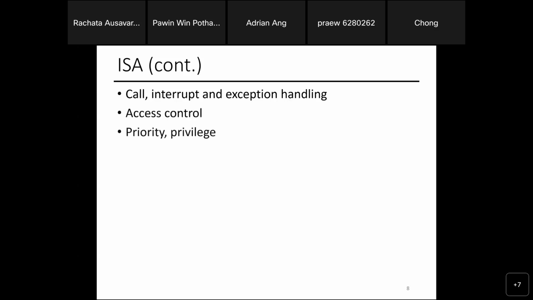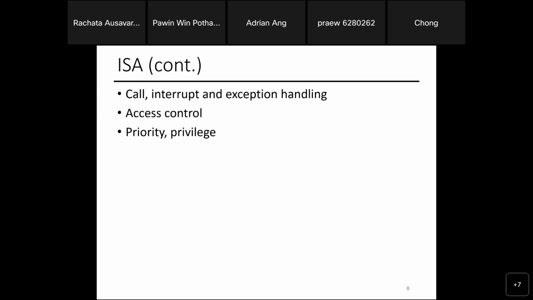Access control, who can access what, right? Priority and privilege, how are they going to perform scheduling based on these priorities? Basically, these are the tools for the OS. When you have this defined in the ISA, as a programmer, most of the time you don't care about this. The OS designer now cares about this because it dictates how they would build the OS.